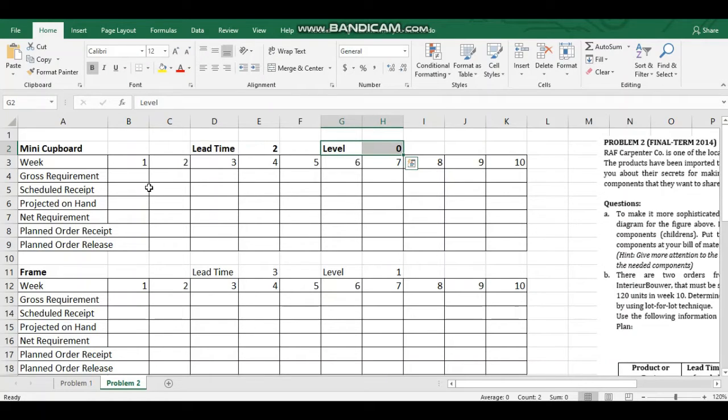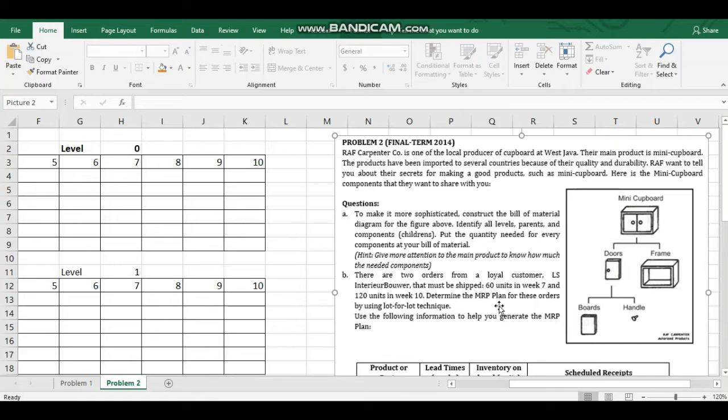It's level 0. And then the gross requirement: you could see here in the question, in week 7 we have 60 units as our demand, and in week 10 we have 120 units.